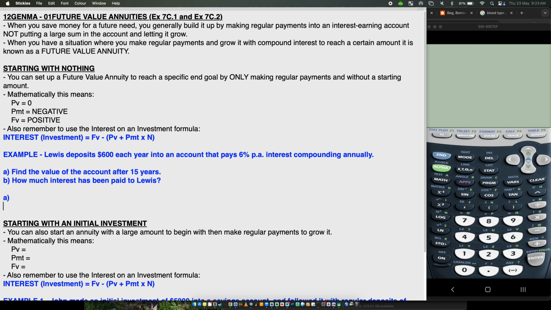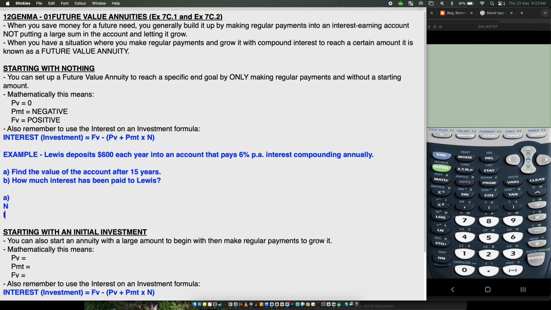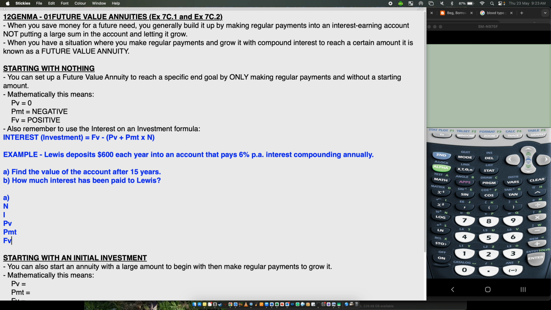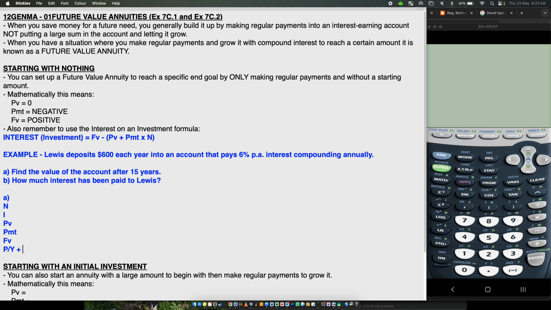What's the order of variables on TVM Solver? What's the top one? N. So get fast at going, when I need to show working out in this topic, I'm most probably going to have to type those things in. If A is asking me to find the value of the account after 15 years, what am I solving for?